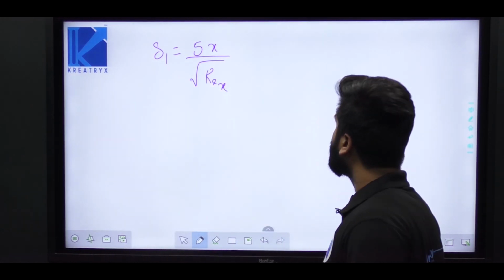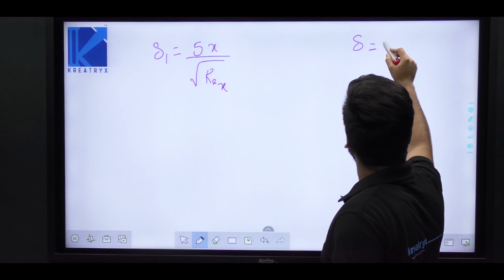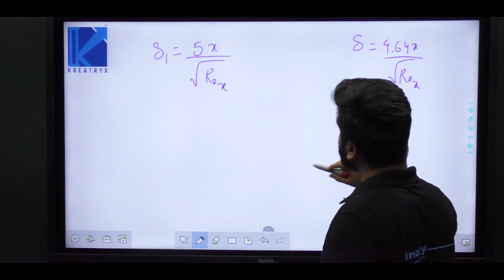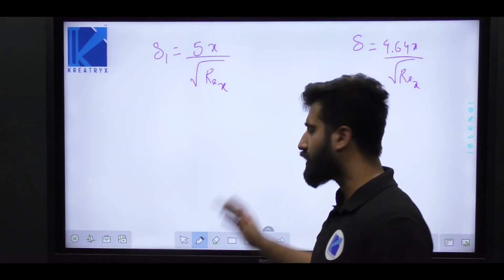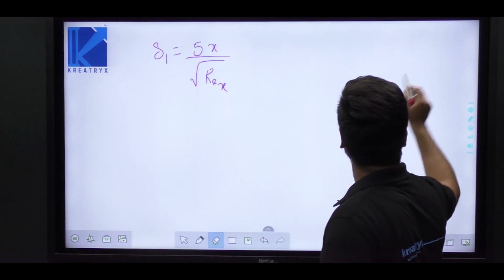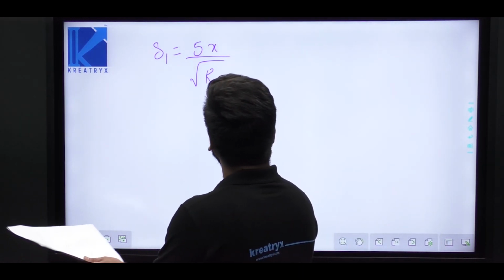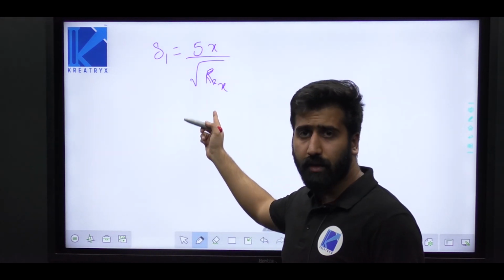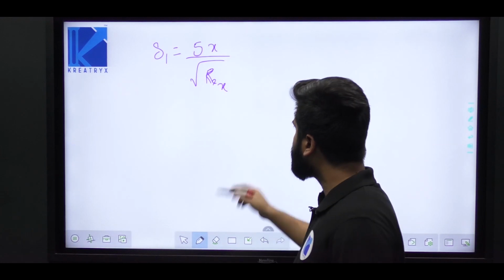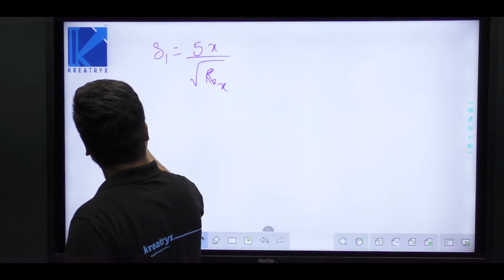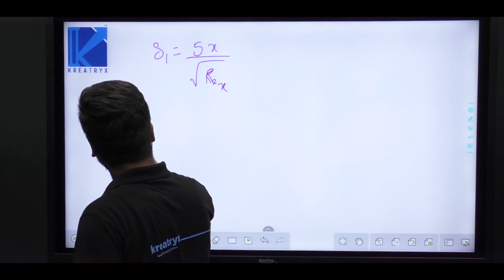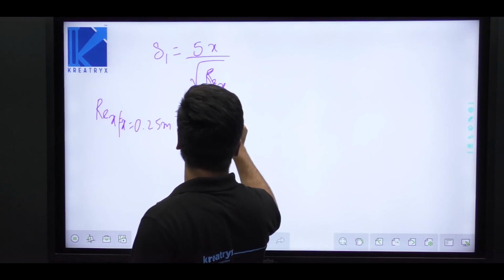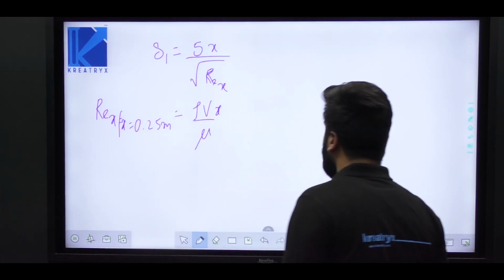Some books use this relation also, 4.64x, but be aware that the relation will be given to you. Whatever relation they want us to use, that will be given to you. So for this you need local Reynolds number at section 0.25 meters away from the leading edge. So that is Re_x at x equal to 0.25 meter is equal to rho V x by mu. What is rho?